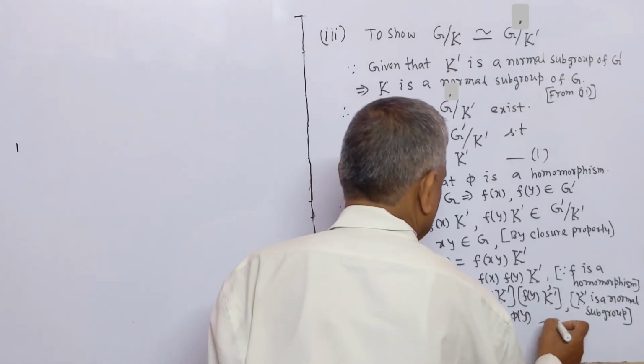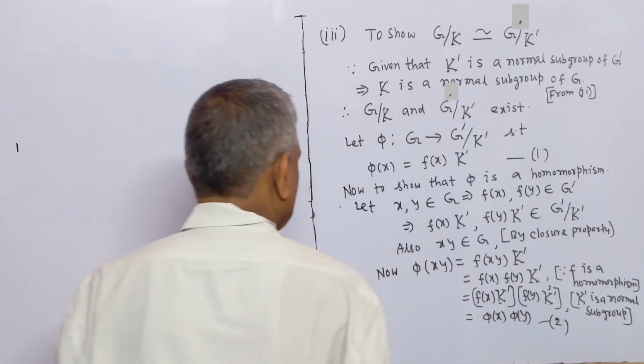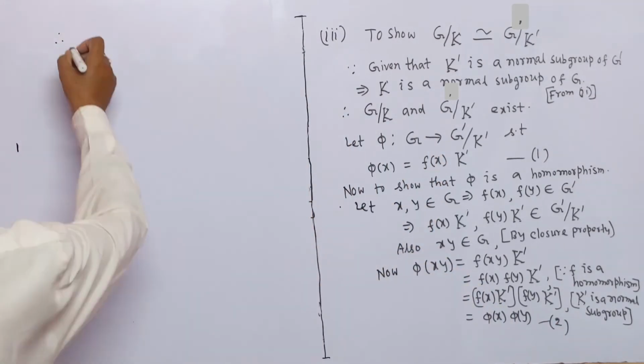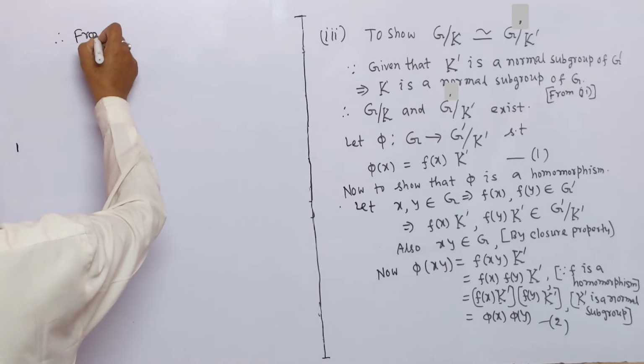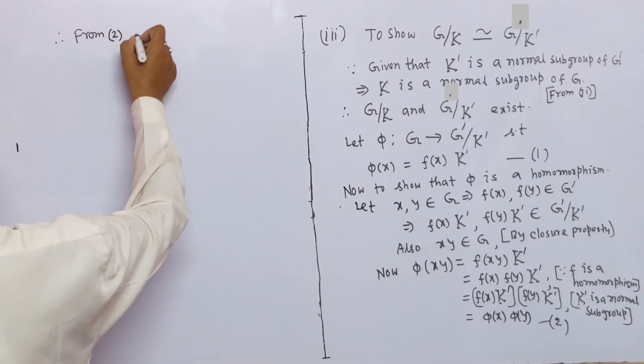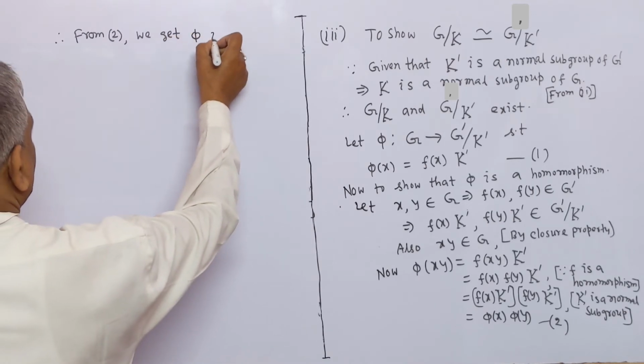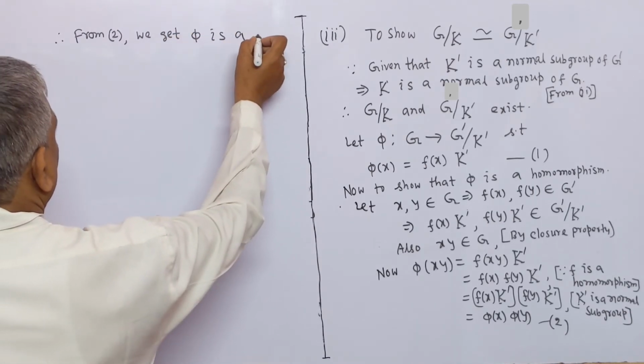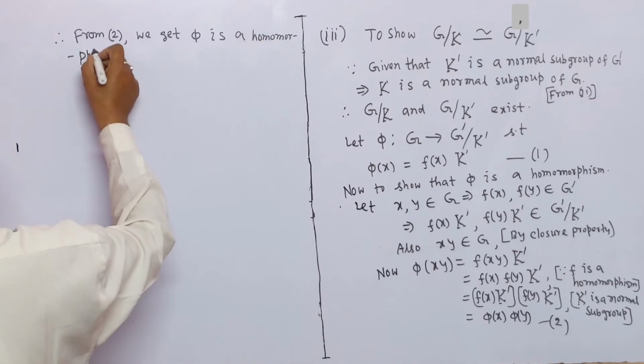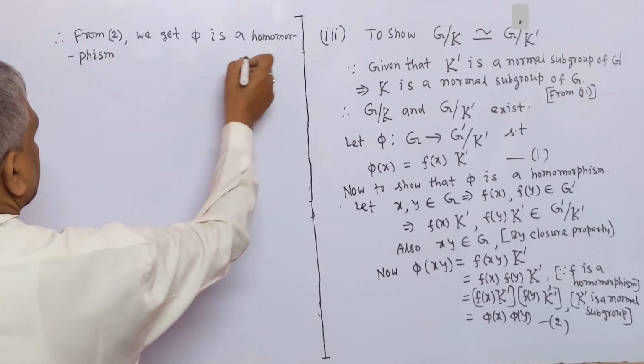Let this be number 2. Therefore, from 2 we get phi is a homomorphism. This is number 3.